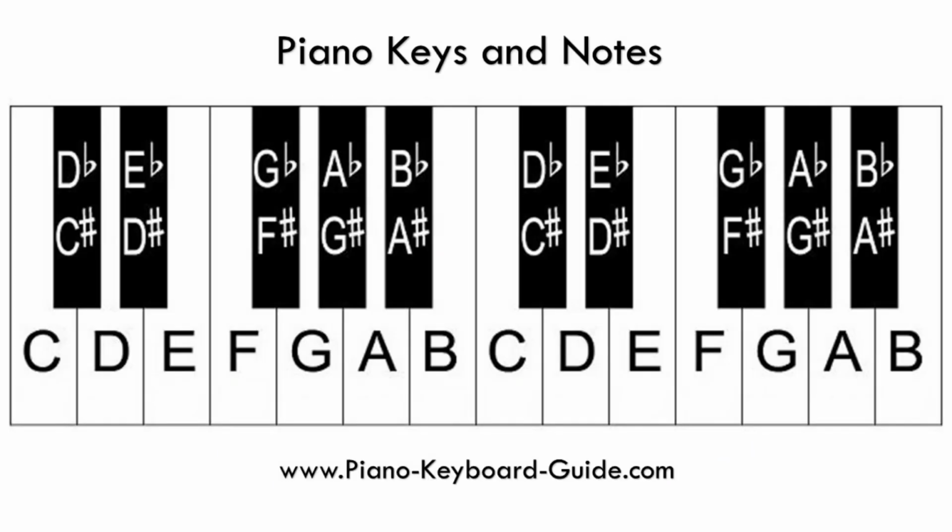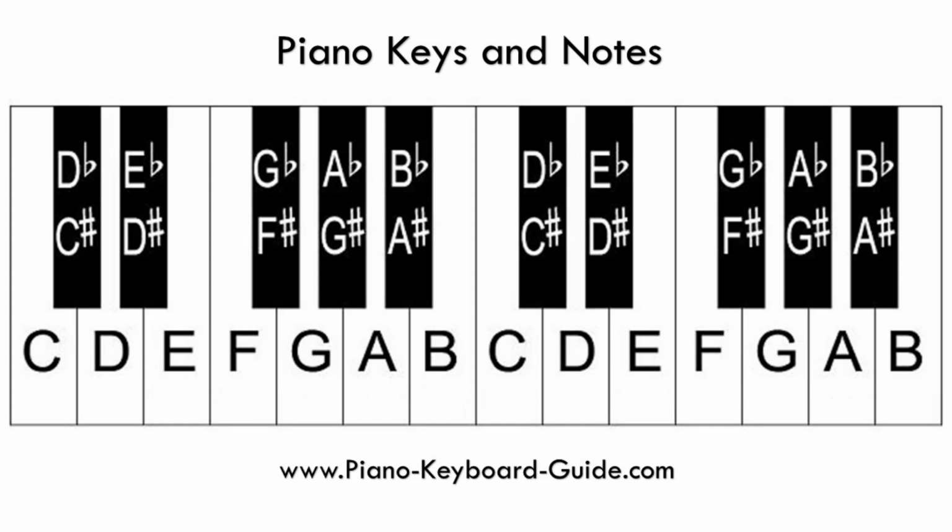Once again, what is the key to the immediate right of C called? The answer is C sharp. This key can also be called D flat because it is one key to the left of D. The next black key is called D sharp or E flat.